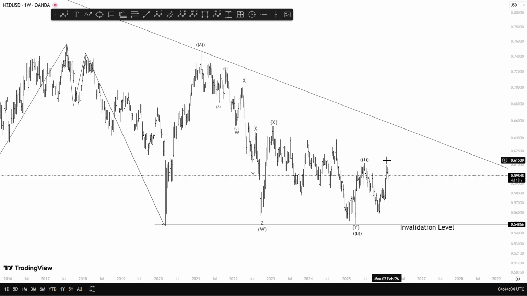After the wave 1, we have a corrective structure of the wave 1, which is wave 2. And the corrective structure forms something called a triple tree.